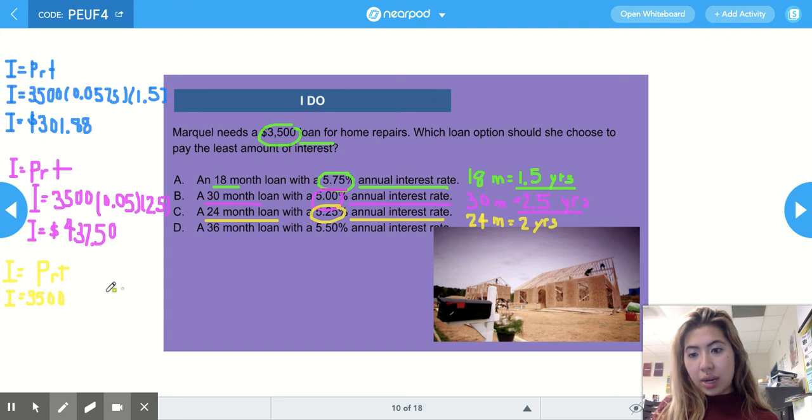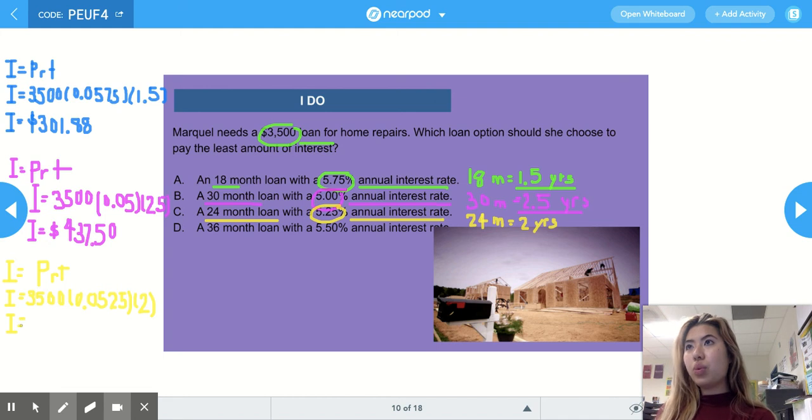The interest rate is 5.25, but as a decimal, that's 0.0525. And then our time is going to be 2, because 24 months is equal to 2 years. So once we calculate this, we get $367.50.